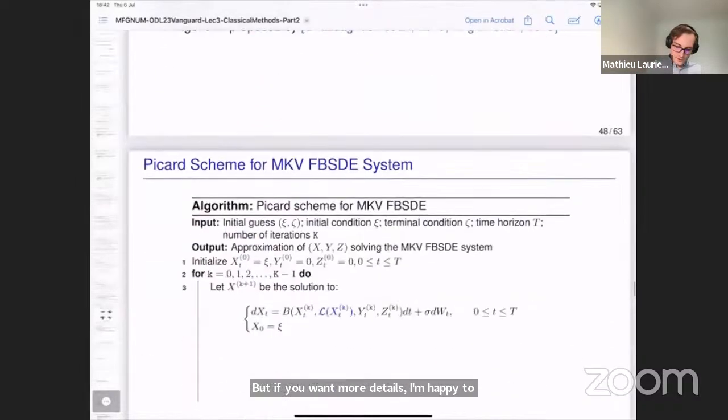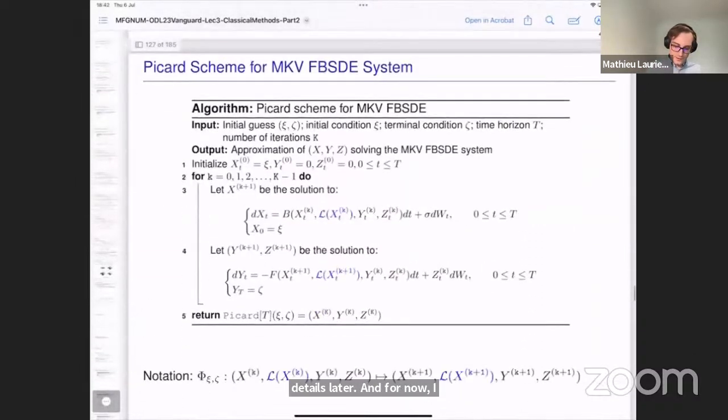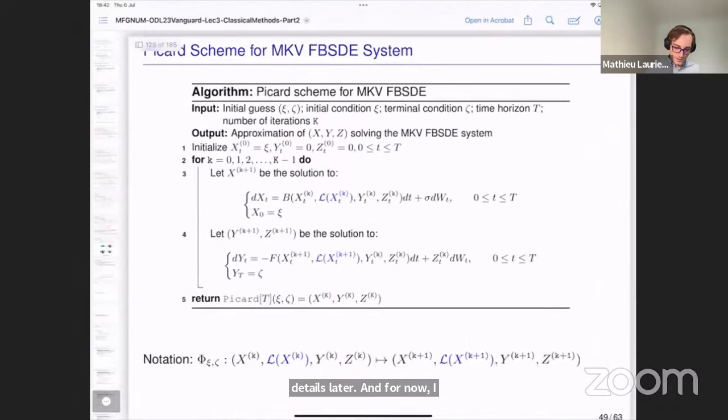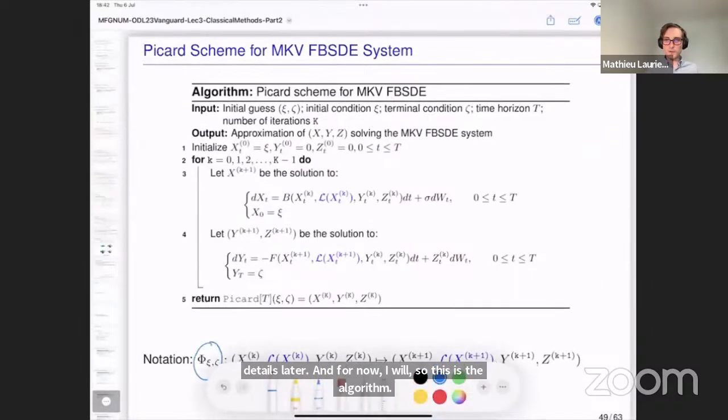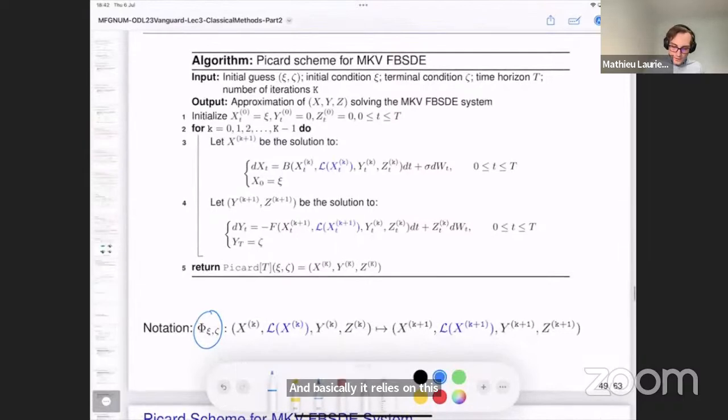So this is the algorithm, and basically it relies on this function phi. As we have seen before, this function phi maybe has a fixed point, maybe not. If it does not have a fixed point, then the algorithm is not going to converge. Or rather, if it is a strict contraction, then you are sure that the algorithm is going to converge. Otherwise, it is not clear.